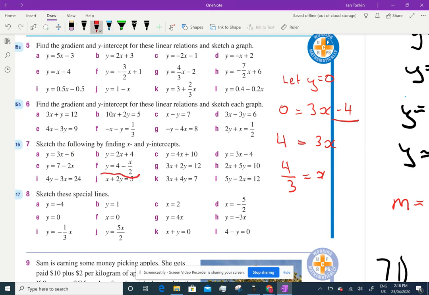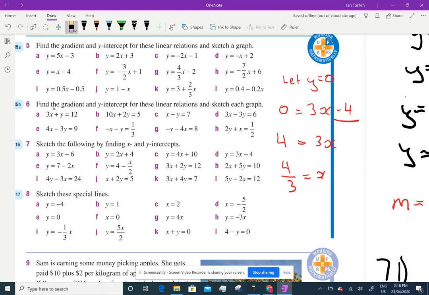So look at this, it's a bit tricky. So you change the sign of that, so -4, and you've got to divide by -1/2, which is like multiplying by -2. That's going to be 8. The x-intercept is going to be 8.